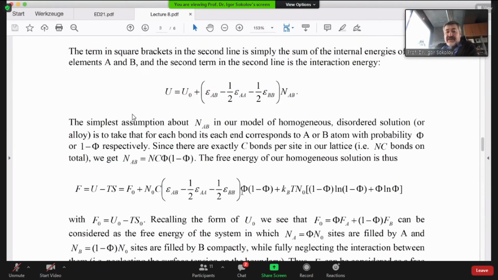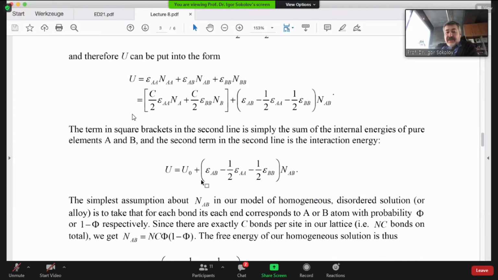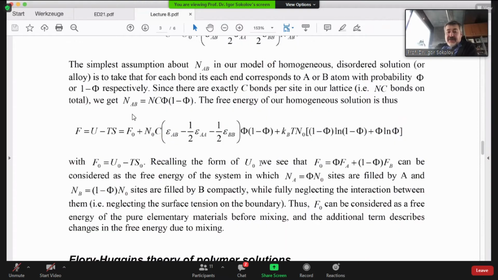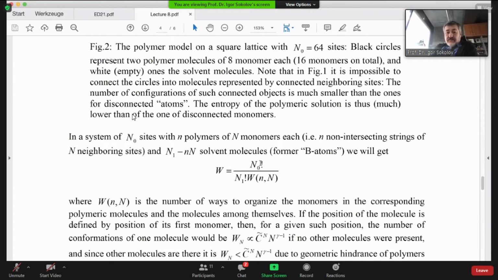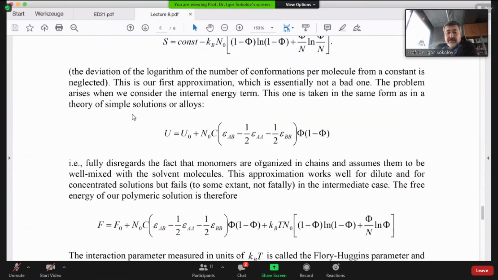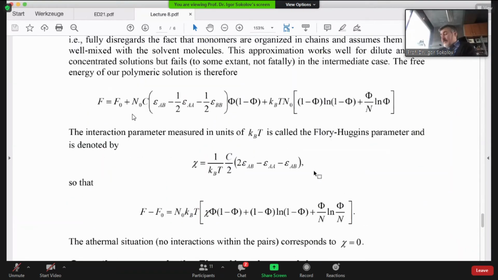I have here something which depends on the interactions, and for some specific strength of interactions in relation to temperature, something happens. And this is a true physical effect. We will see what kind of effect this is. This is essentially demixing.